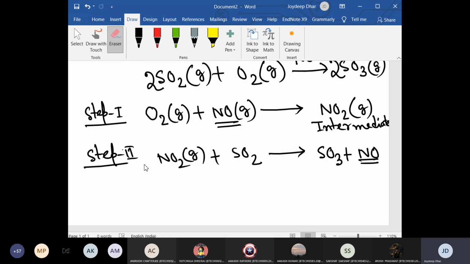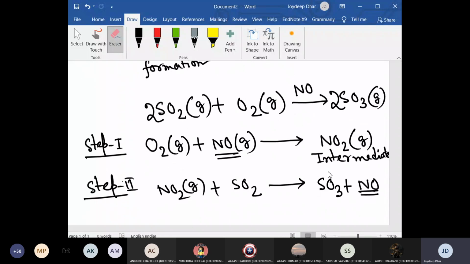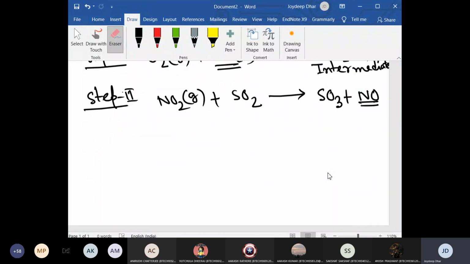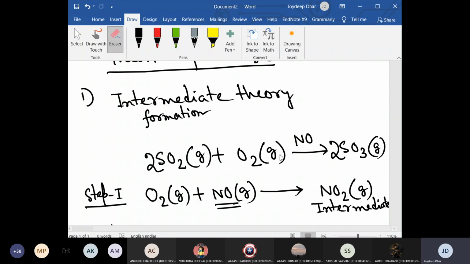This is a general reaction, so no need of balancing. It is already balanced. Here NO2 is the intermediate and NO is acting as the catalyst. So this reaction supports the intermediate formation theory.